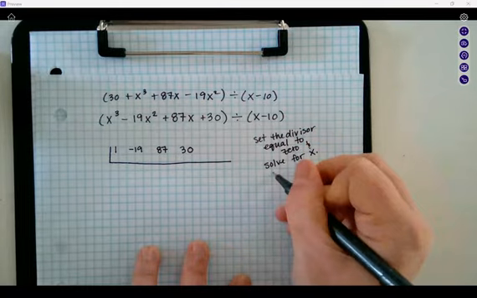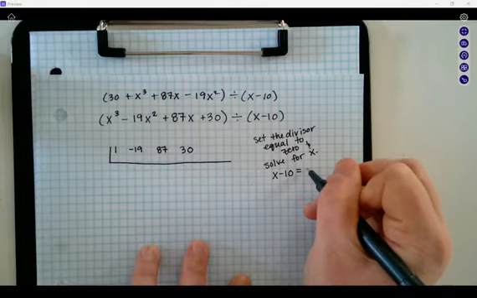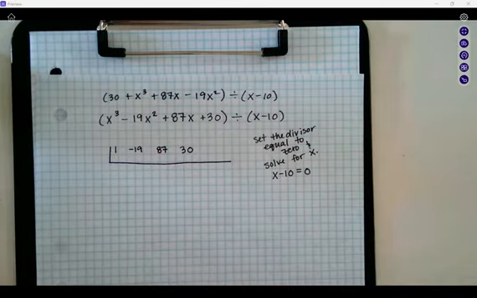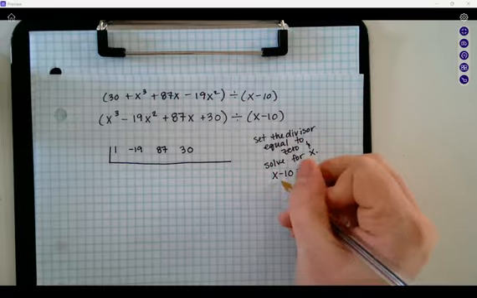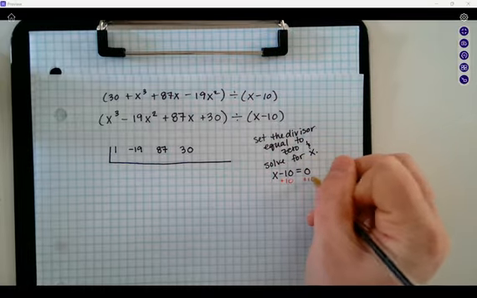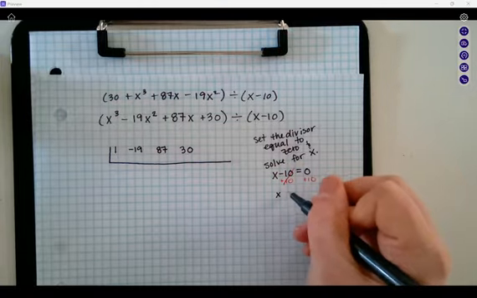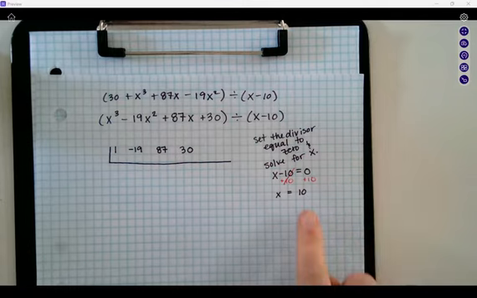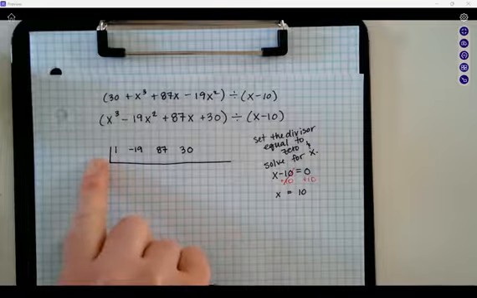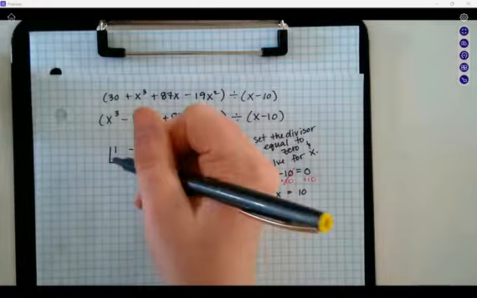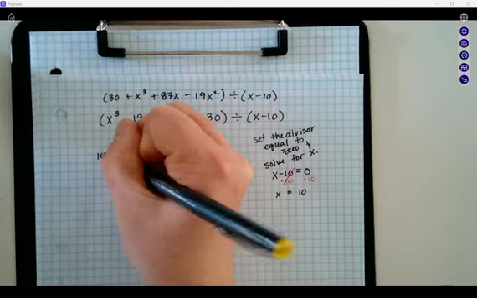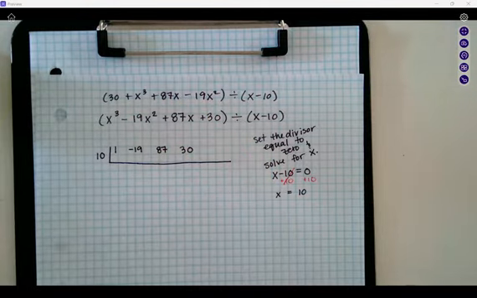So we're going to have x minus 10 equals 0. To get x by itself, or to isolate x, we would need to add 10 to both sides of the equation. And we find that x is equal to 10. So we're going to take this value of x, and we're going to place it over here to the left of our vertical portion of that bracket. And now we're going to go ahead and do the algorithm.